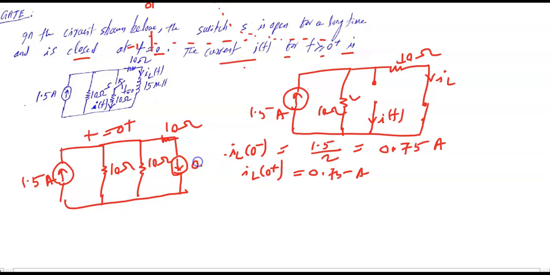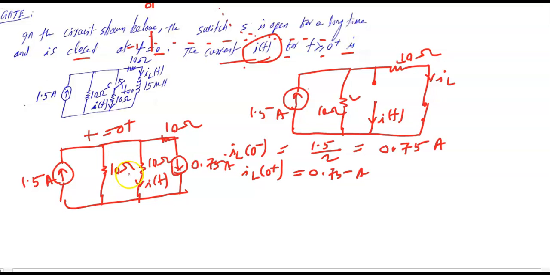This is your 0.75 ampere, and this is the current, because what is the question? IT here. Right? So now I'll find the IT, it is a very simple condition.